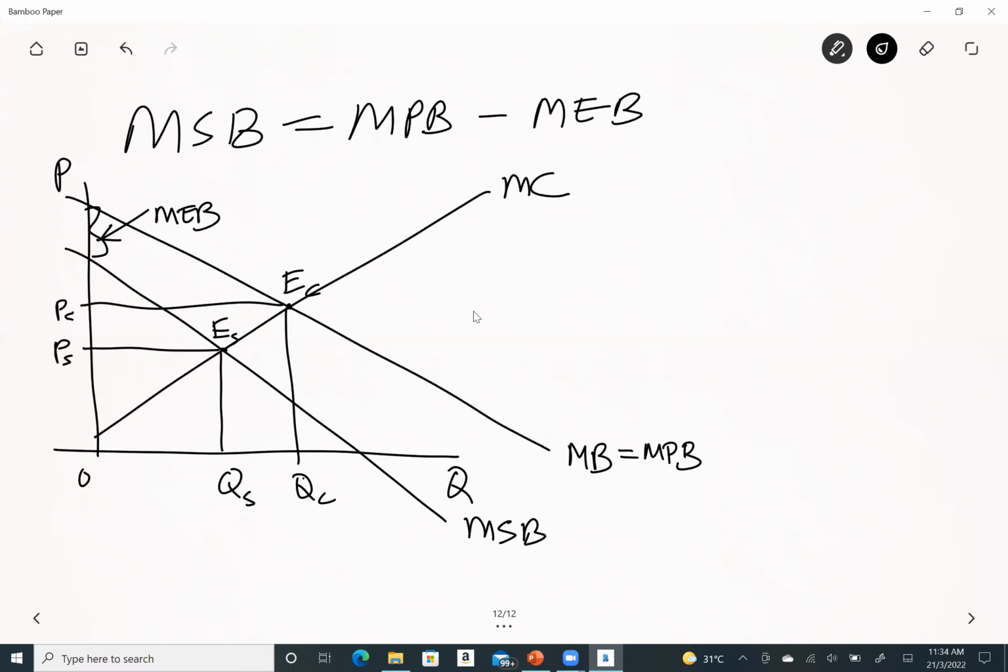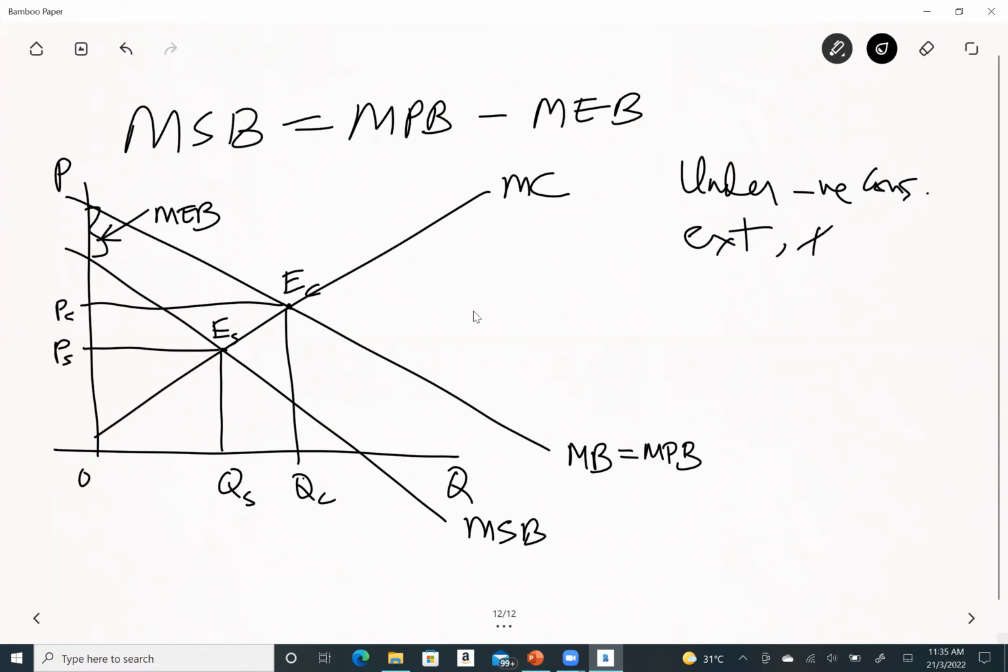So under negative consumption externality, we do the comparative statistics, we already did. We say that the market consumes too much output.